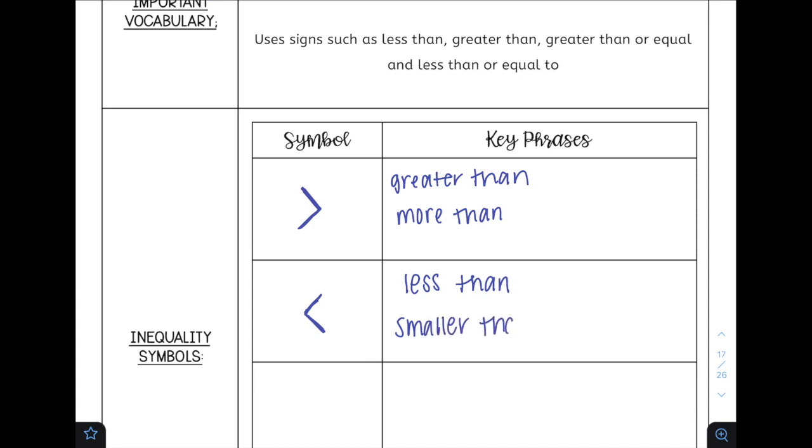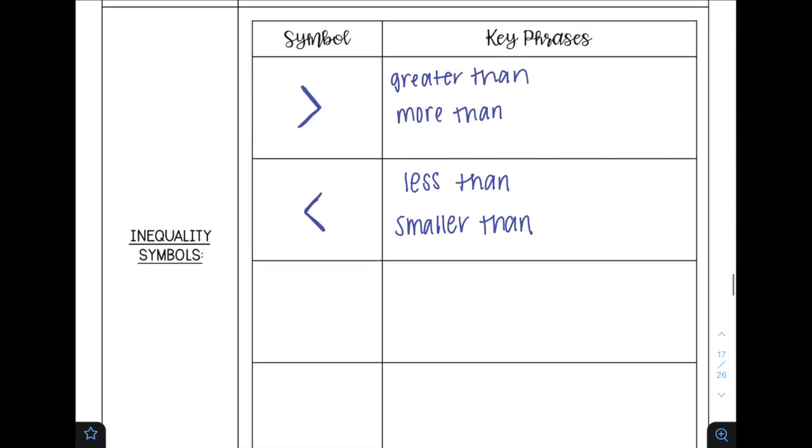These are good key phrases when we start looking at our word problems and our guided practice to help you identify which symbol you're going to be using in your inequality. Then we have greater than or equal to. The line underneath means equal to. It's still the greater than sign, but it also includes the value that you find.